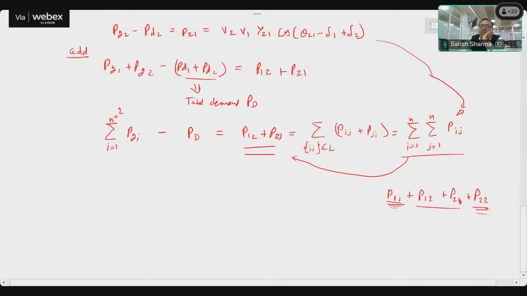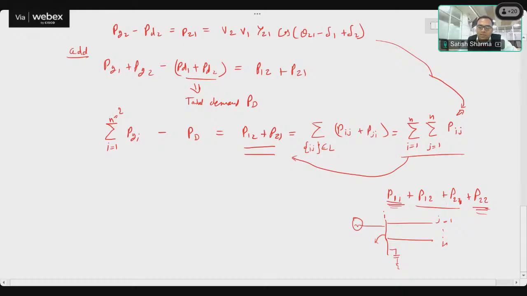So these P11 represent, let's say, some generator is there, some load is there, and some other line is going from the ith node to j equals 1 to n, and some shunt capacitances are also being considered. So P11 or Pii or Pjj will represent the shunt power.